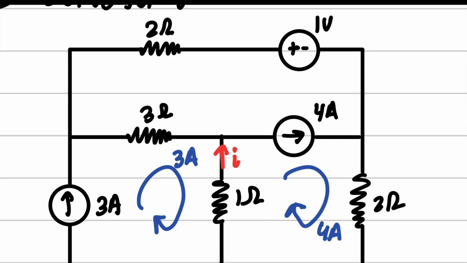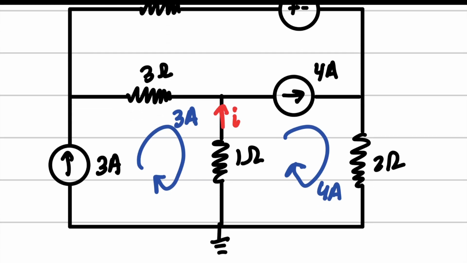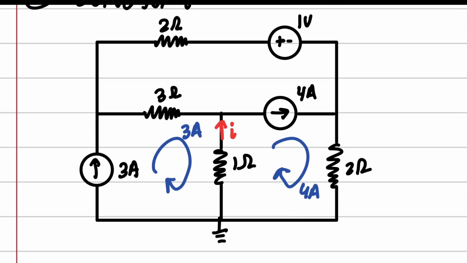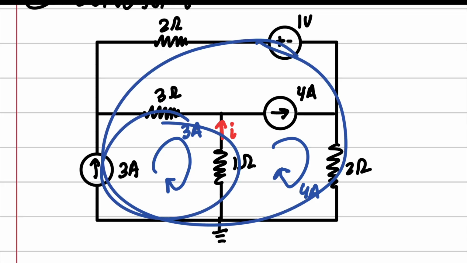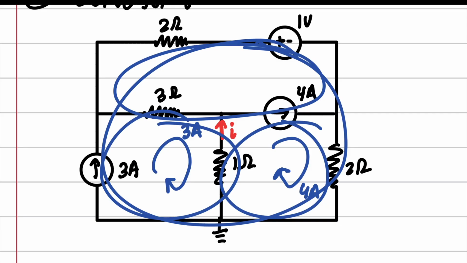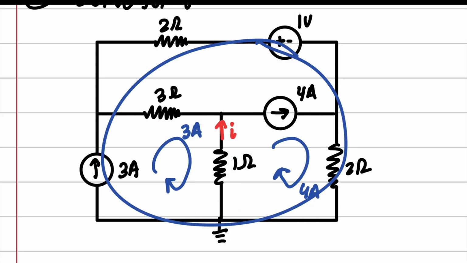So what we are going to do instead is make something called a super loop. Okay? So as you saw before, a loop is literally just any closed path. So this is a loop, this is a loop, this is a loop, etc., right?